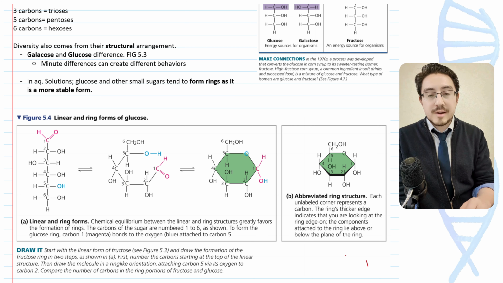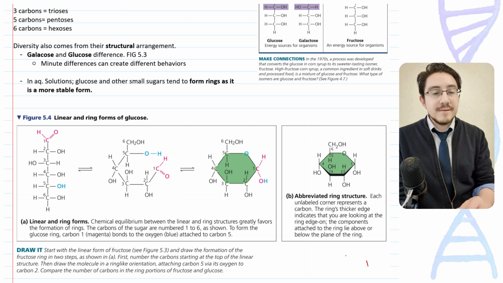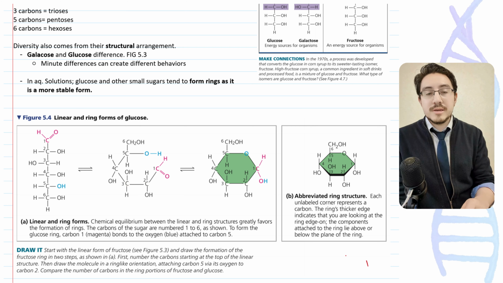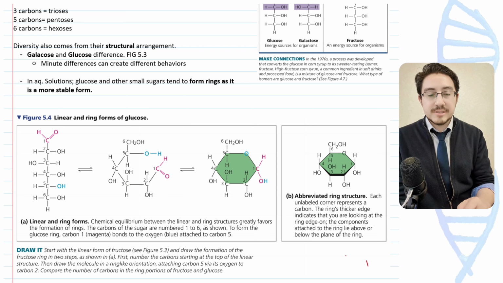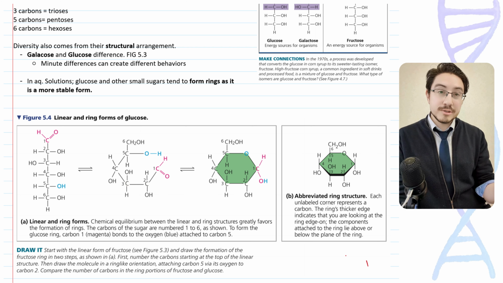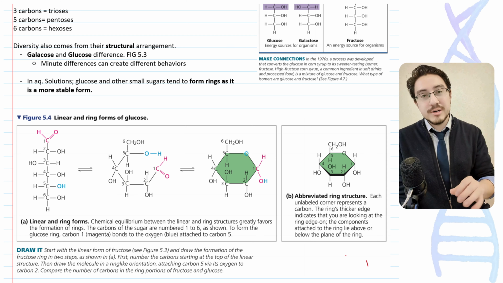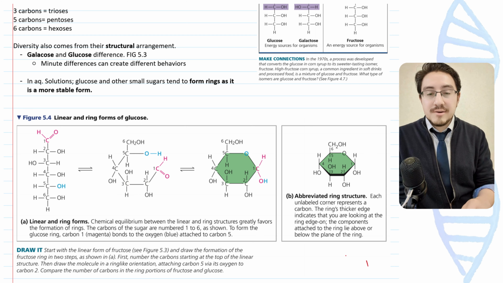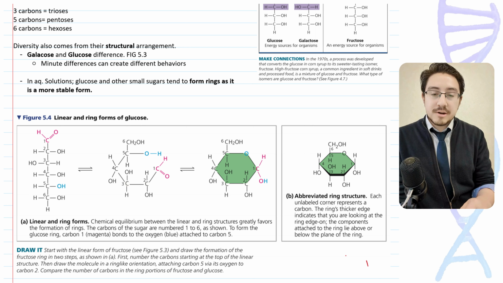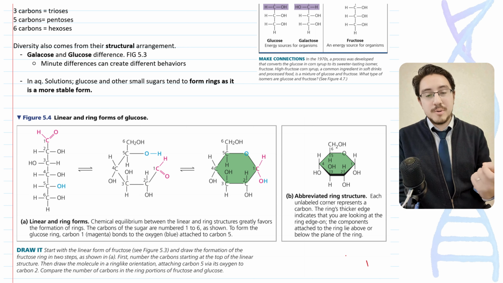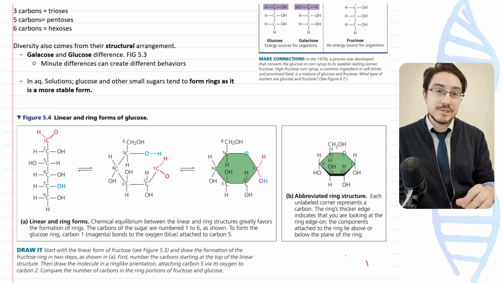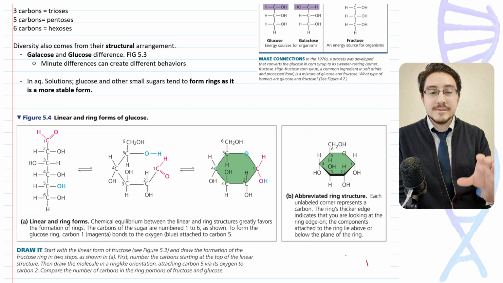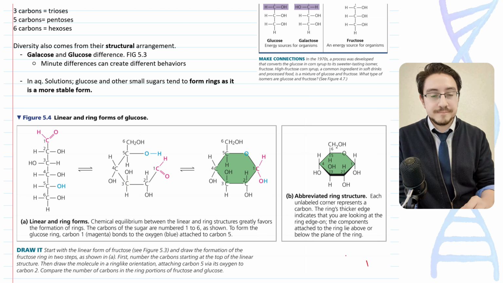Here you have an example of a 5-carbon sugar where the carbonyl group is at the end. Basically, this will turn into ribose, an incredibly important component of RNA. And when the carbonyl is within the carbon chain, you would have ribulose, an important intermediate in photosynthesis. Again, always that same pentose.